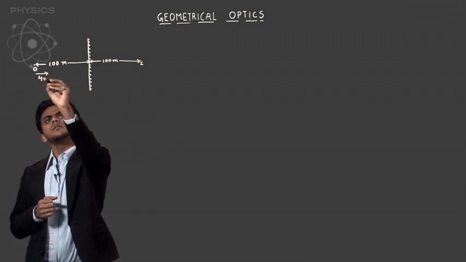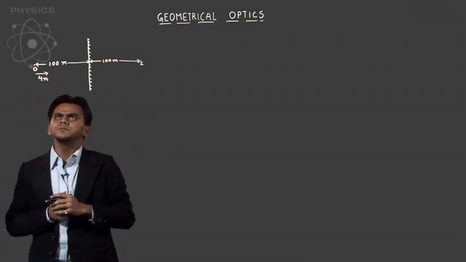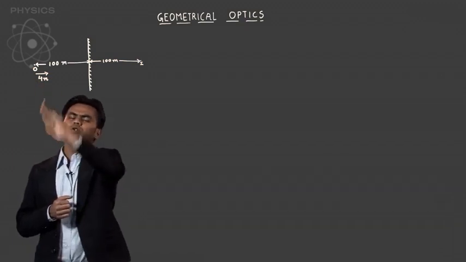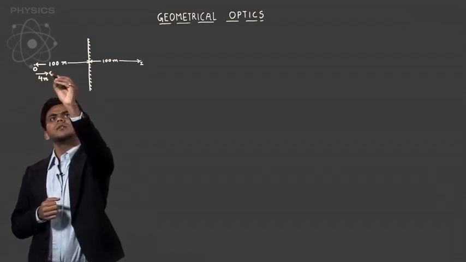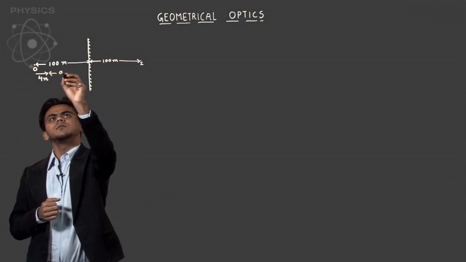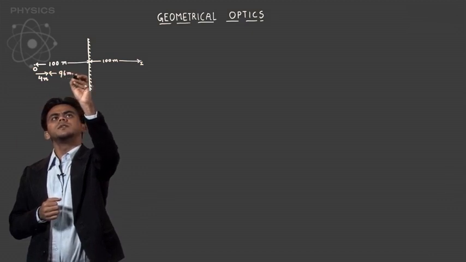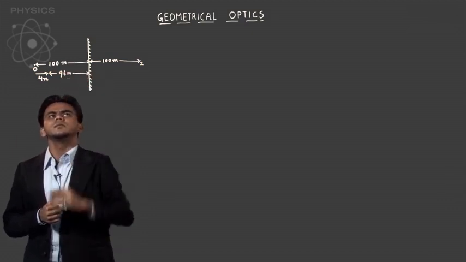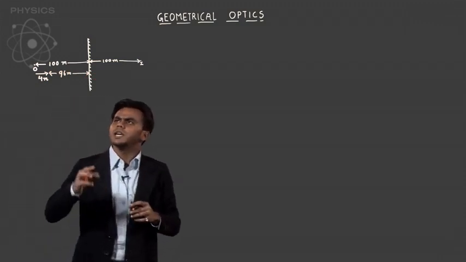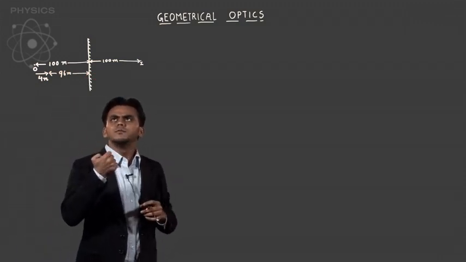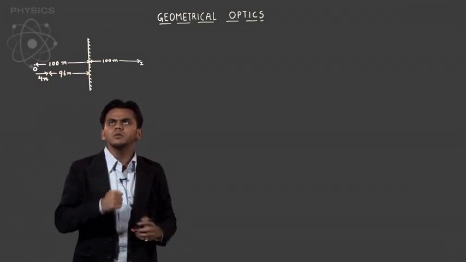What will happen to the image? If I move the object by 4 meters, now my object separation becomes 100 minus 4, 96 meters. So even the image separation would change by that amount.